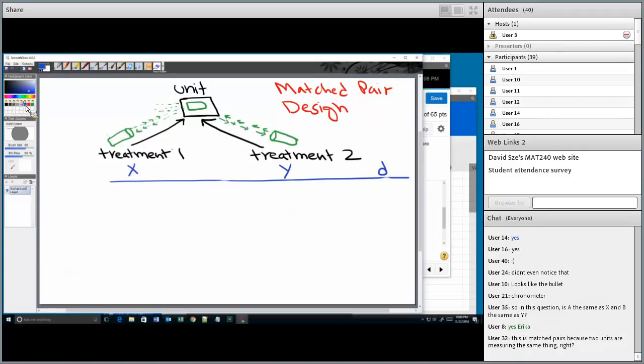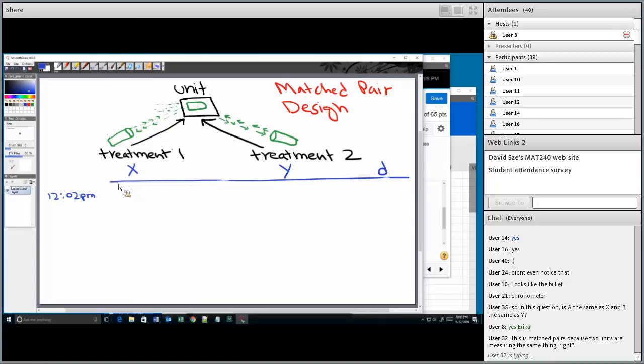Okay, so yes, Rob, absolutely right. This is matched pair because there are two units, two treatments trying to measure the same bullet at any instance of time, right? So say, for example, the time of the day is 12:02 p.m. Okay, so it's like right in the afternoon. At the specific time, the shell is fired, and at that specific moment, these two devices get a measurement, right?